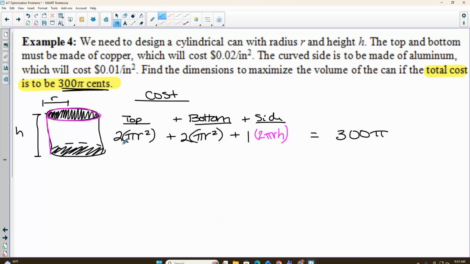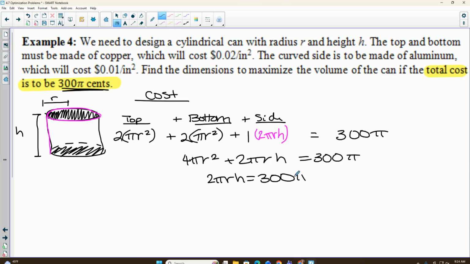All right, so if I work this out, I get 4 pi r squared plus 2 pi r h equals 300 pi. I think it would definitely be easier to solve for h, don't you? So we subtract over the 4 pi r squared.